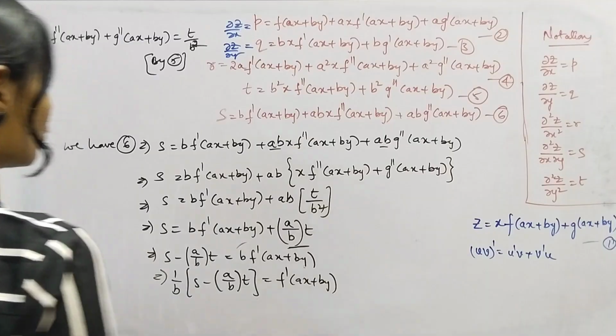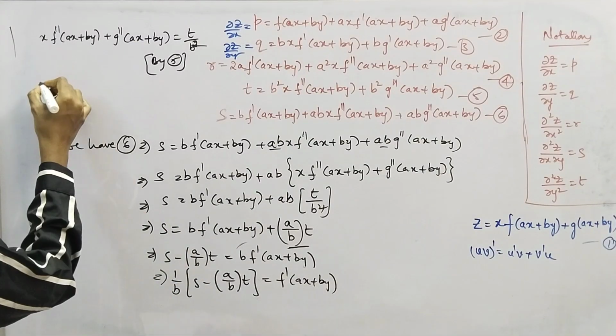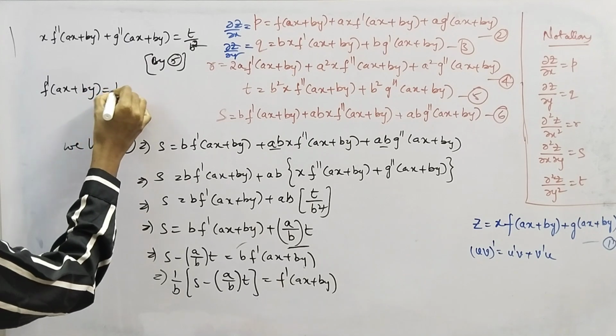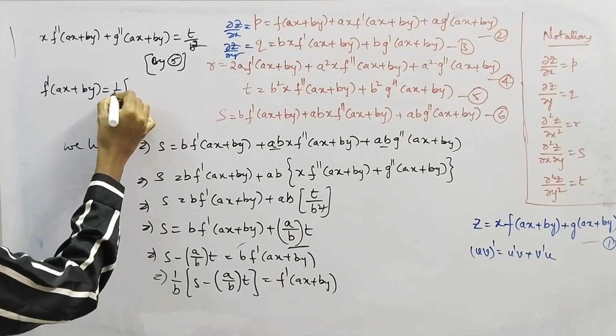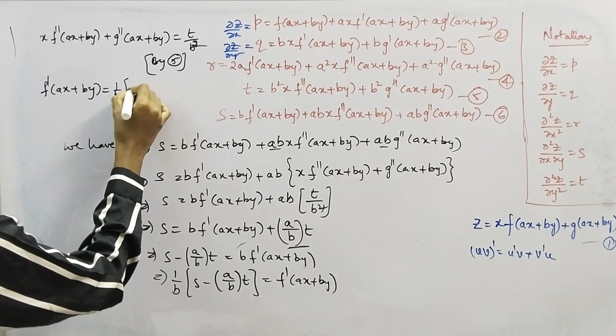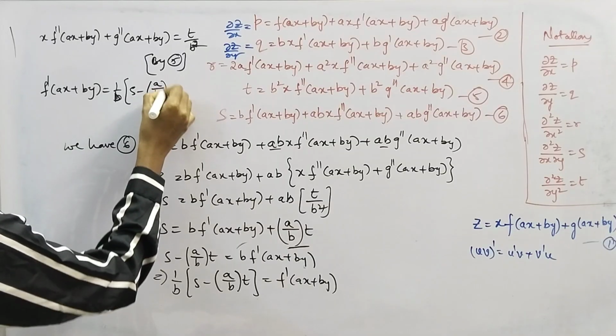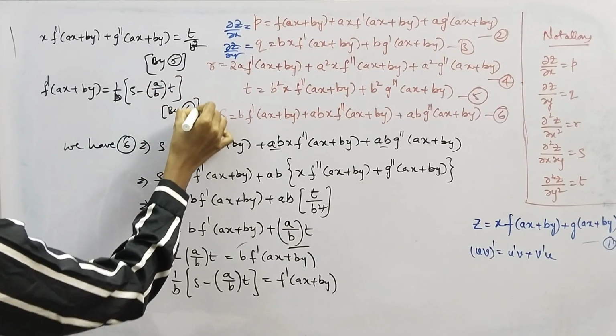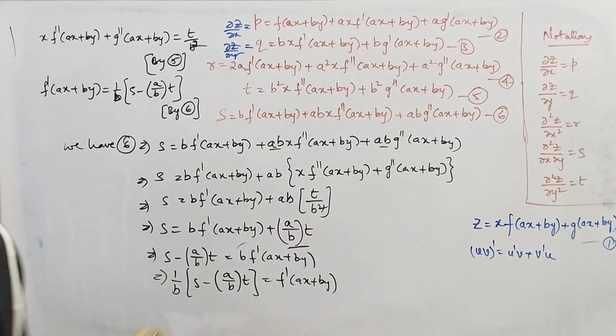So we got the value of f dash of ax plus by. So f dash of ax plus by equal to 1 by b times s minus a by b into t, right? By equation 6 we have used 5 and 6.